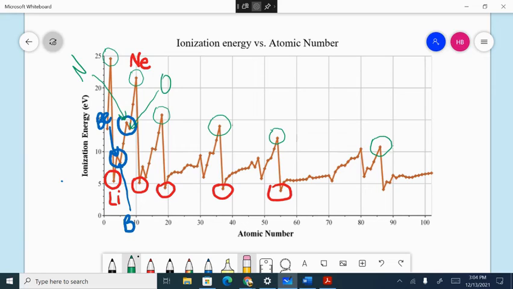So as you go across a period, you expect the ionization energy to increase from left to right. Lithium through neon, it'll increase as you go across with a couple exceptions that I explained.